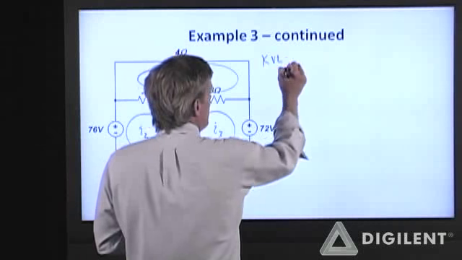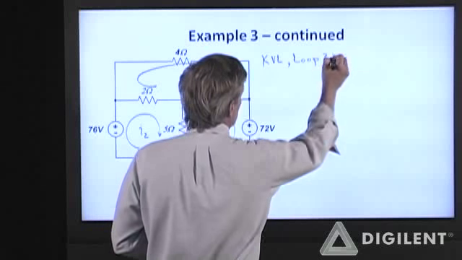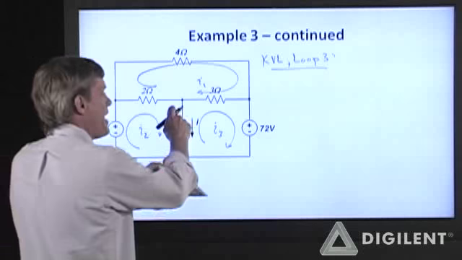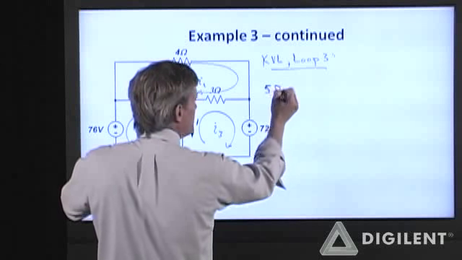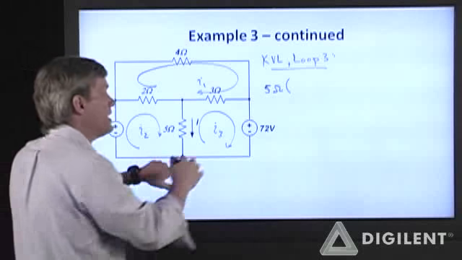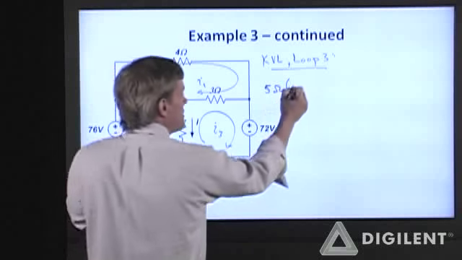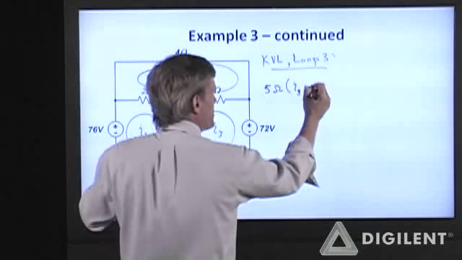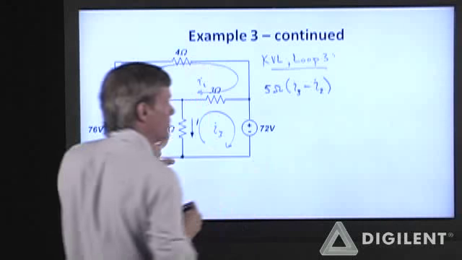So KVL around loop 3, if I start at this lower left-hand corner of this loop, I have 5 ohms following this current I3 clockwise. Now I3 becomes a positive contribution, and I2 is going the opposite direction through this 5 ohm resistor.